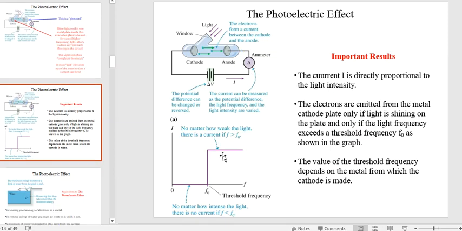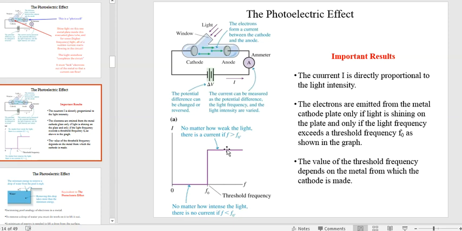So here's, in a pictorial way, what we saw already: as we change to higher and higher frequency, that is to say, as we change the wavelength to be shorter and shorter, there was no current, no current, no current, and then the moment that we hit that special frequency or wavelength, we started to see some current going through.